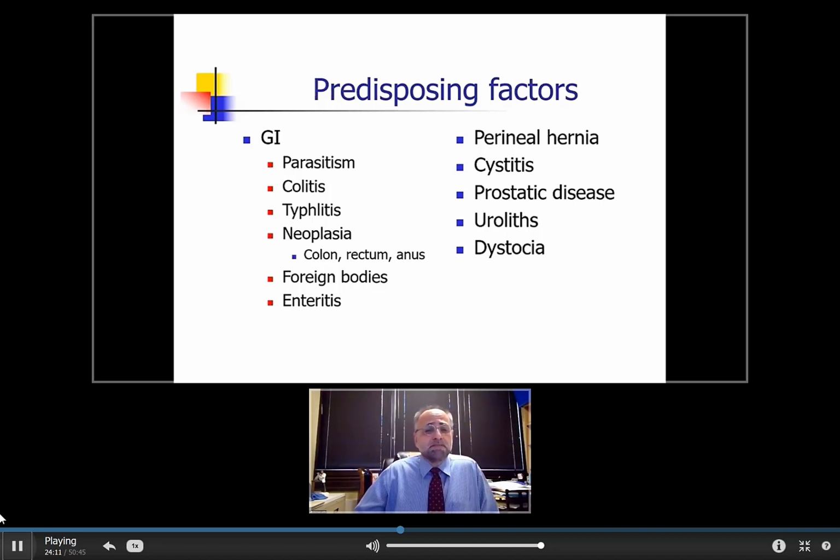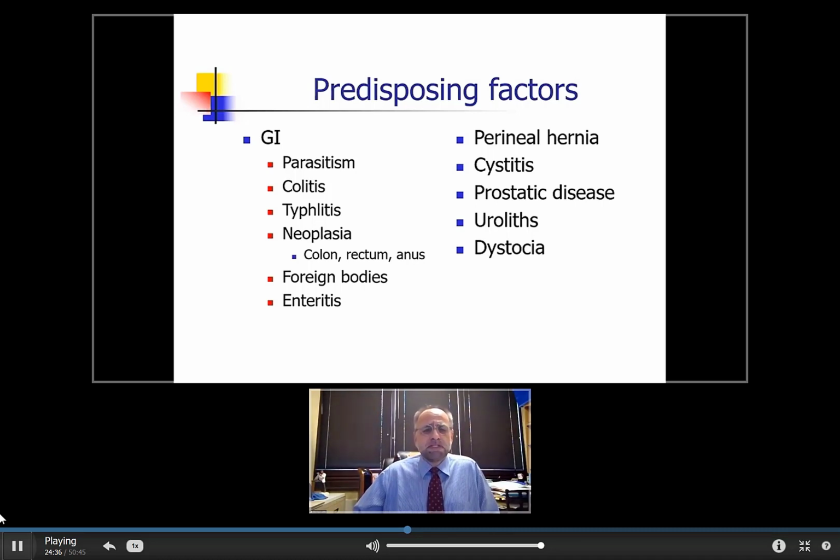And again, it's important to do a good fecal exam on these patients and or treat them for internal parasites, looking for evidence of other GI problems such as colitis or typhlitis, older patients that may have neoplasia who strain to defecate, or patients with foreign bodies or even viral enteritises like parvo may result in prolapse.